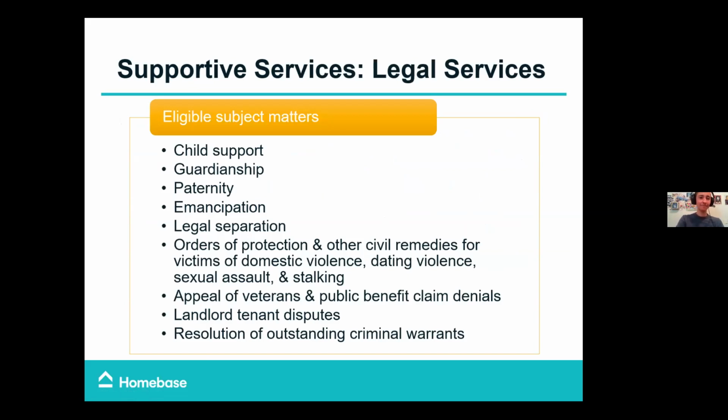Eligible subject matters include child support, guardianship, emancipation, protection orders, veterans or other benefit appeals, landlord-tenant, and resolving any outstanding criminal warrants. I will note here briefly that paying for legal services for immigration or citizenship matters are not eligible costs for CoC funding.